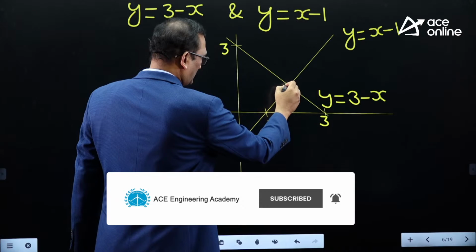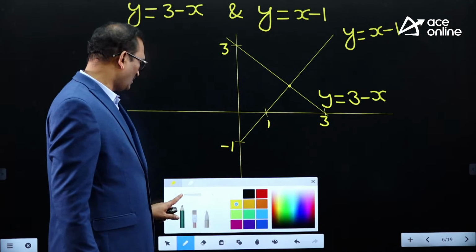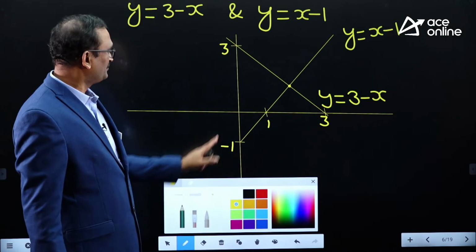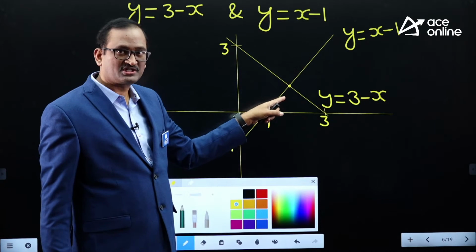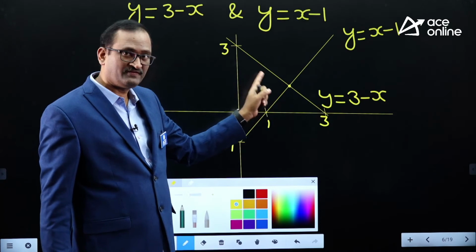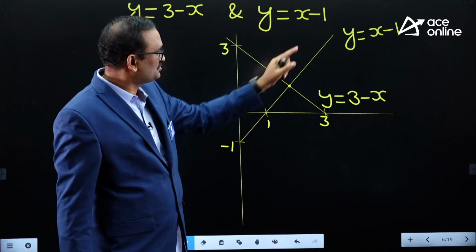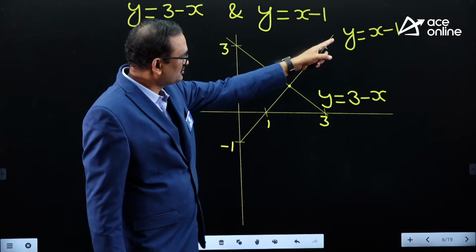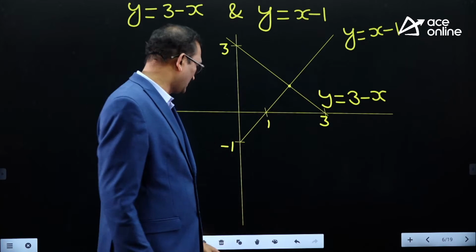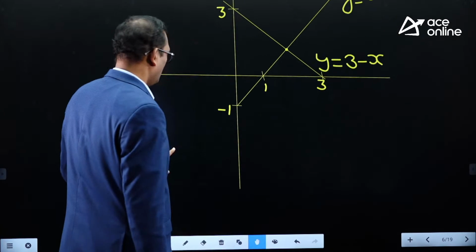To know what this particular point is, first of all, you have to solve this curve equation and this curve equation, then you will get xy coordinates of the intersection point. What are those two curves? Y equal to x minus 1 and y equal to 3 minus x. Look.